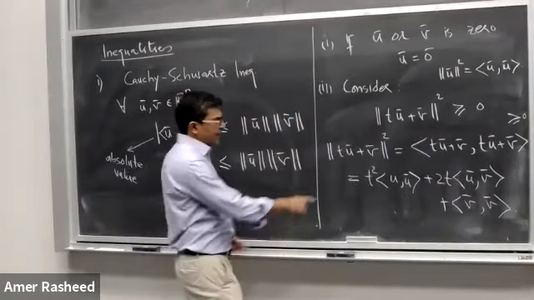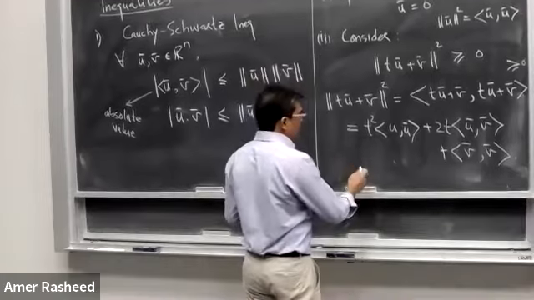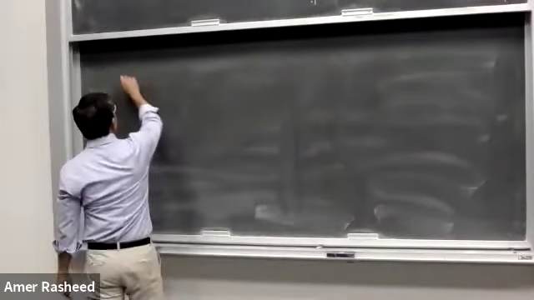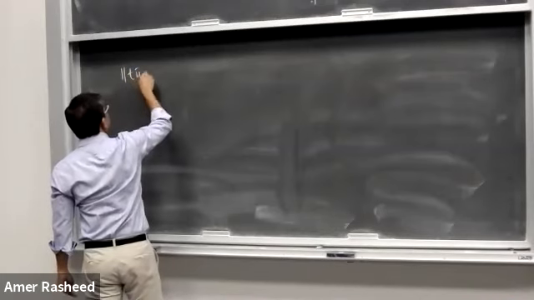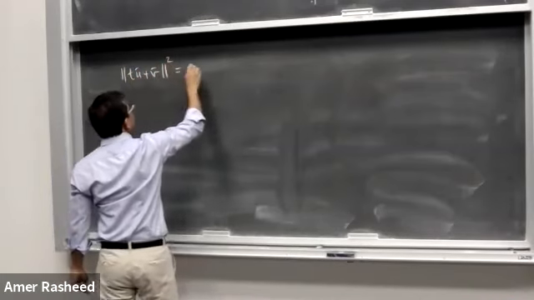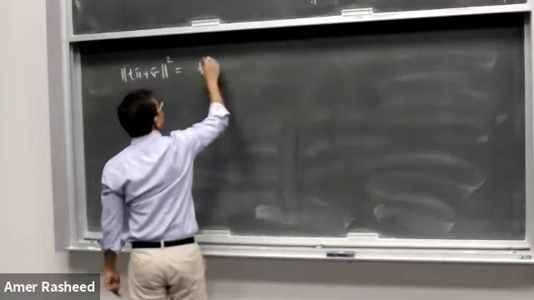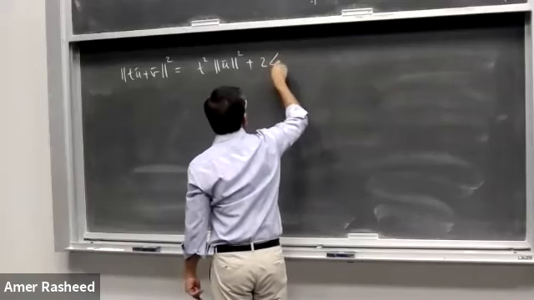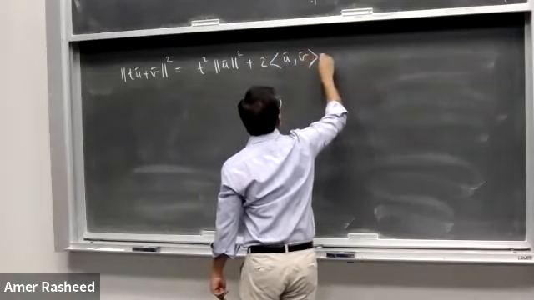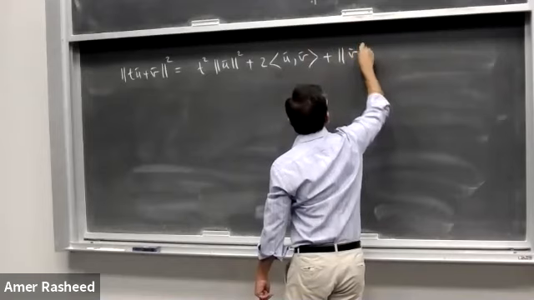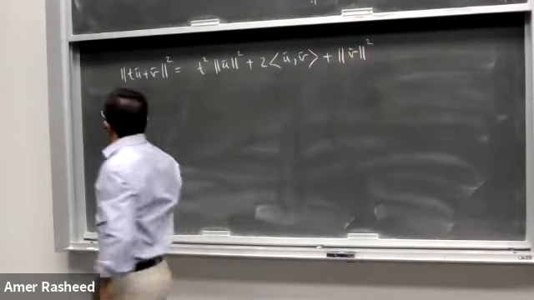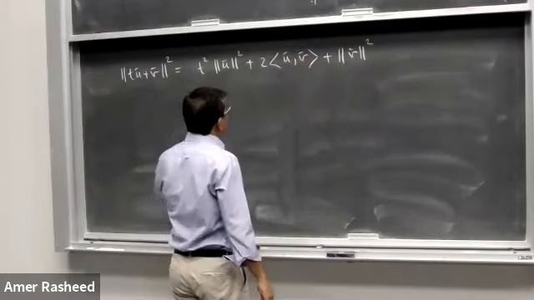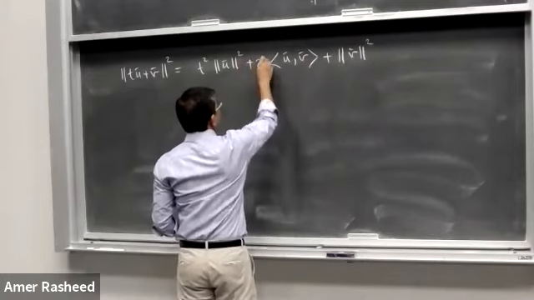Now further, I can simplify this, let me write on the other board maybe. I can write norm of tu plus v, squared, is equal to t square times norm of u square, plus 2t times inner product of u and v, plus norm of v square. We have a t here, 2t.